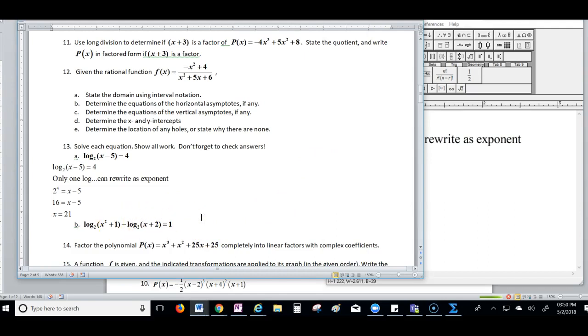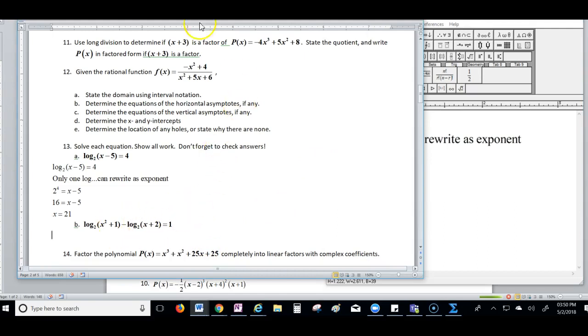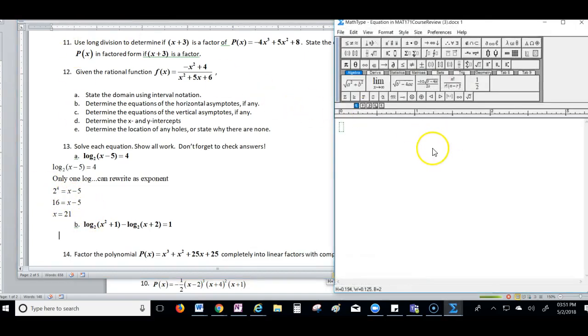So now let's look at the second equation. I have two log expressions in here, so I know I need to use those properties of logarithms because my ultimate goal is to just have one logarithm in my equation, so I can do what I did here and rewrite it as an exponent.